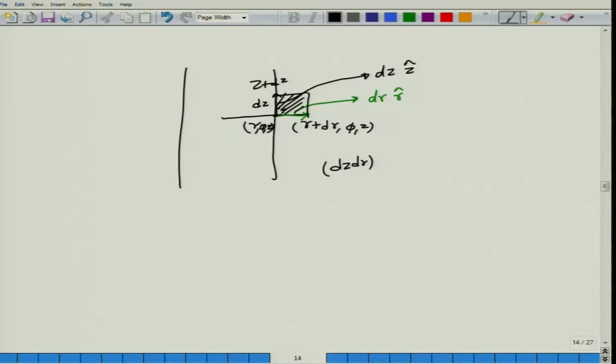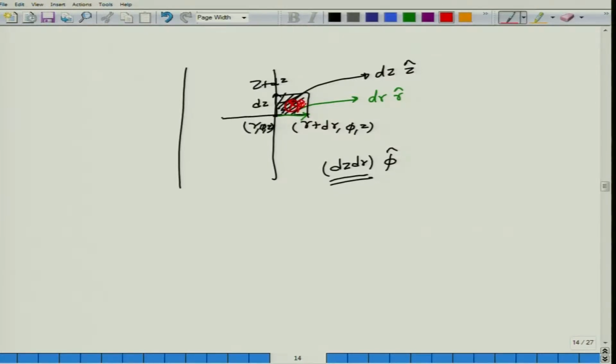What I am forming is the cross product, and this product will be oriented along the phi axis. The magnitude of that cross product gives me the infinitesimal area coming out of this plane, along the phi direction.